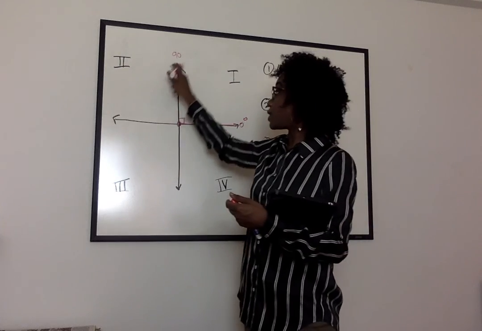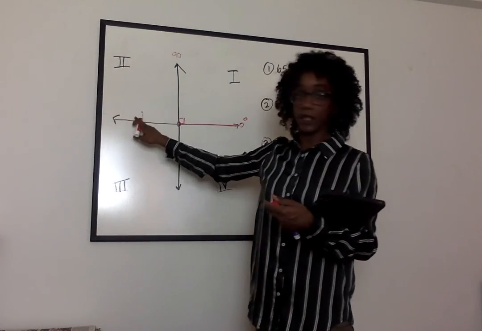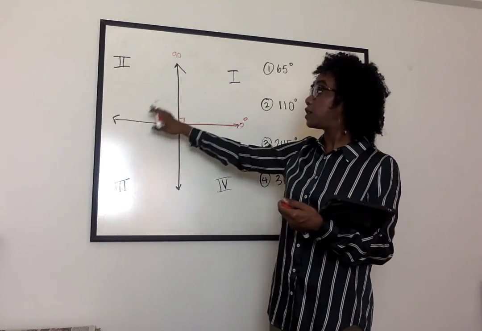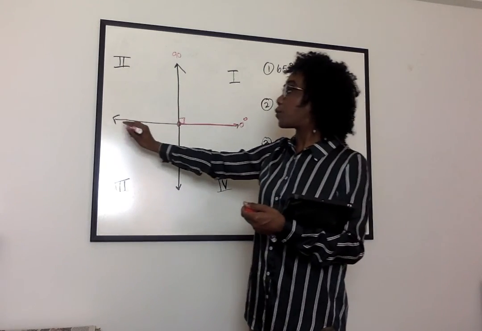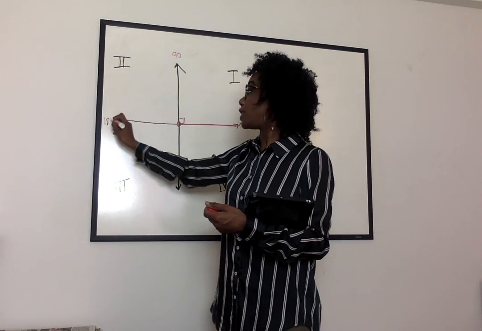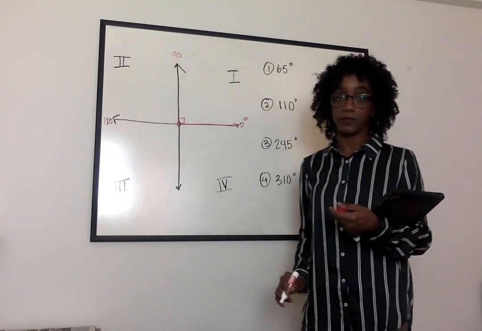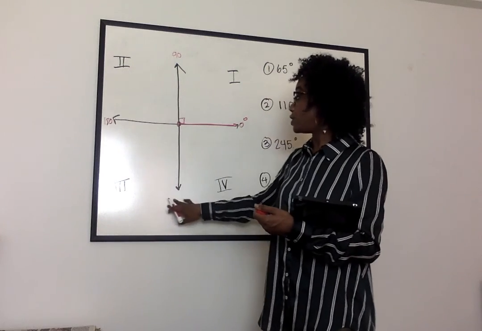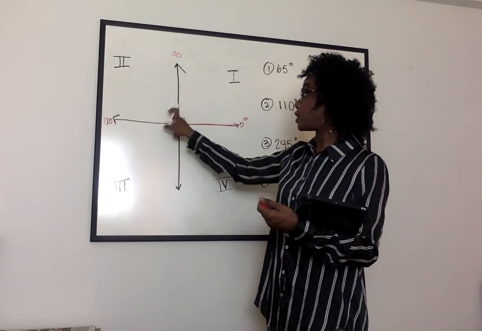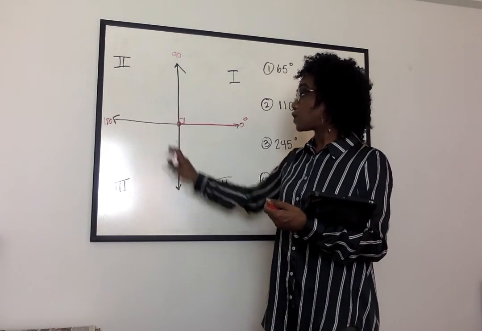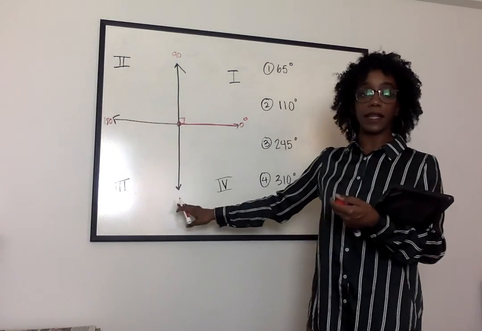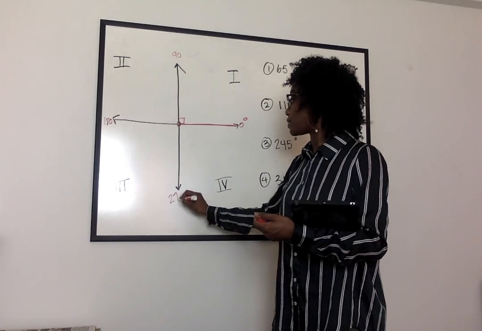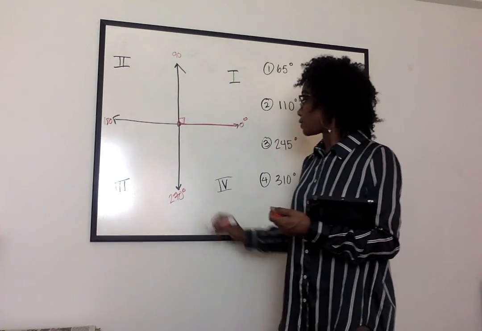That will be 90 degrees, an additional 90 degrees. Take a moment to think about it. If you go from 90 plus another 90, you end up with 180 degrees. And when you add another 90 degrees, because all of these are equal to 90 degrees, 180 plus 90 gives us 270 degrees.